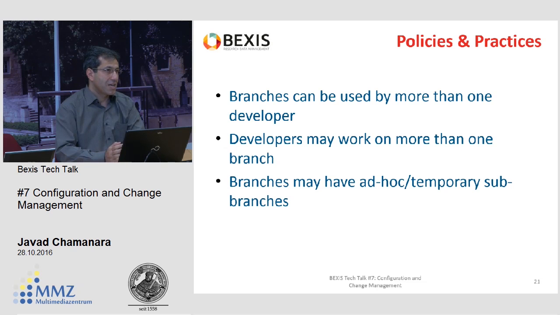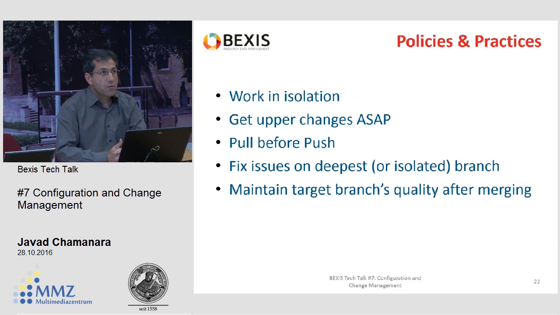As I said, branches can have ad hoc or temporary sub-branches as needed. There is no restriction on that, but as a practice, if you need isolation, create branches. We promote work in isolation on new things and then getting integrated as soon as possible.